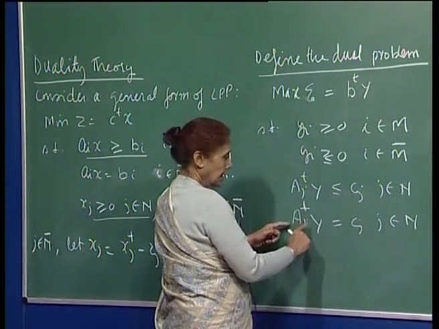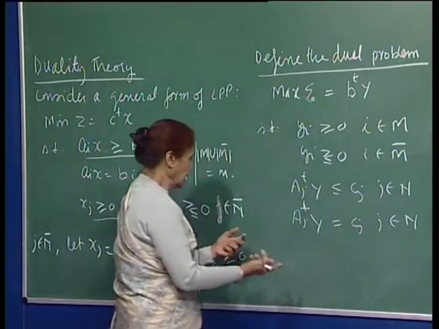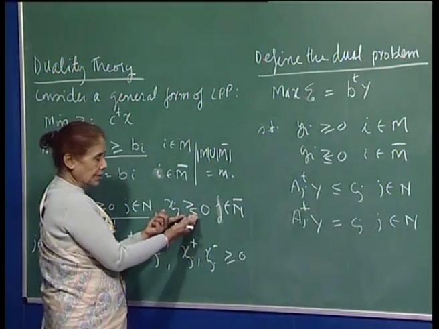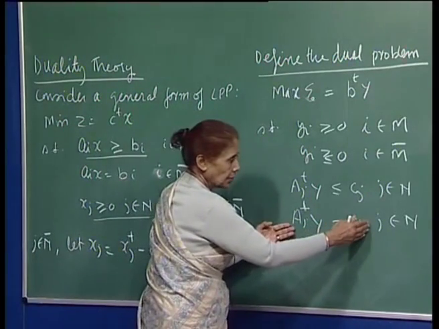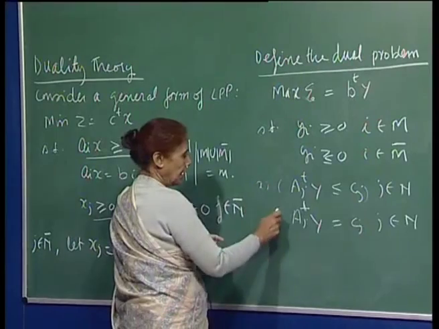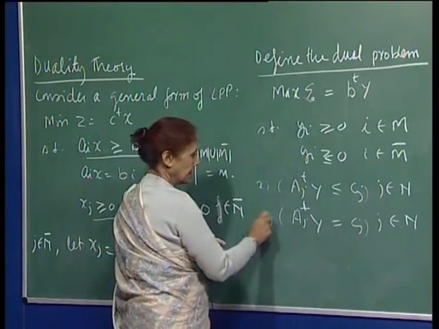And here, because this is equality and the sign of xj is immaterial, this is unrestricted, so the inequality will not change. So, let me multiply this by xj and also this by xj and add. What do I get?